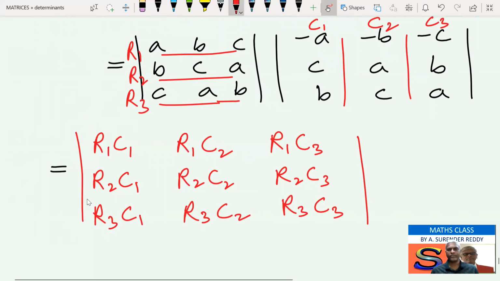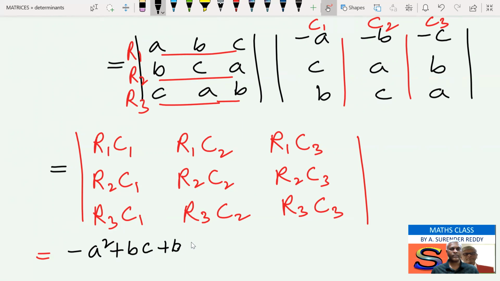So we multiply the same R1 with C1: A into A, minus A square, B into C, BC, C into B, BC.